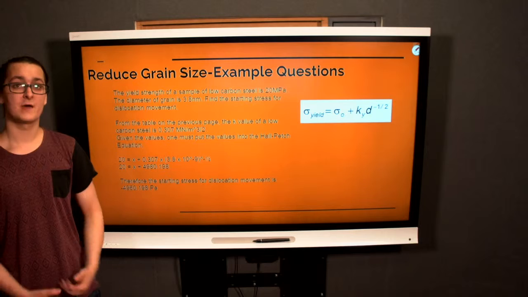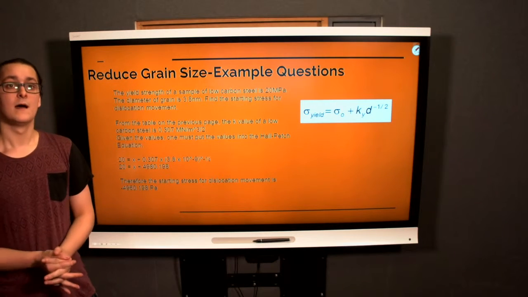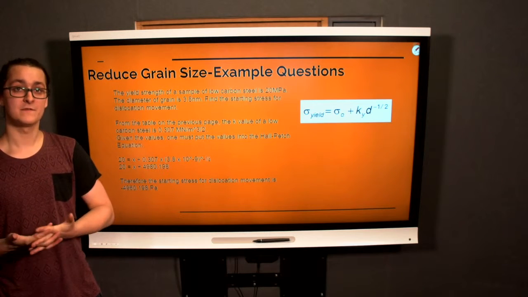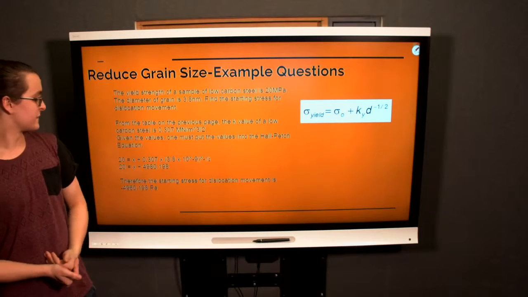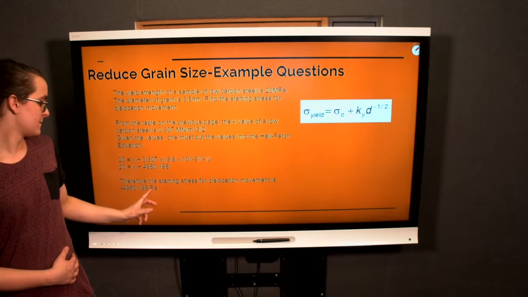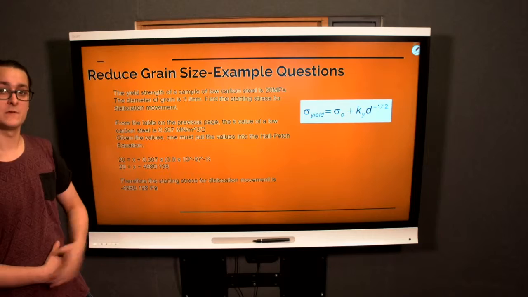From the table on the previous page, the K value of a low carbon steel is 3.07. Given the values, one must put the values into the Hall-Petch equation from here, and it's just simple substitution here, resulting in our answer of negative 4,960 pascals.